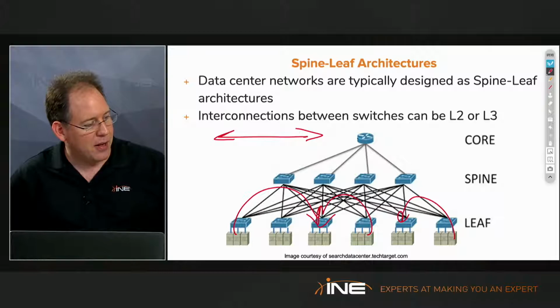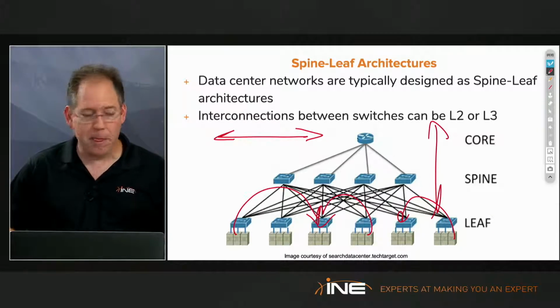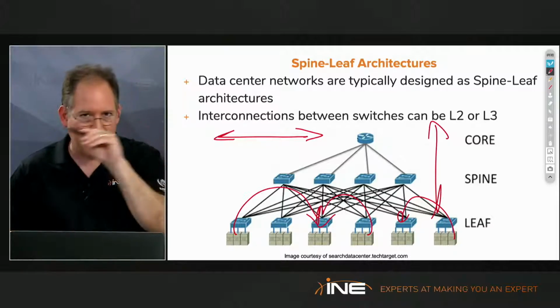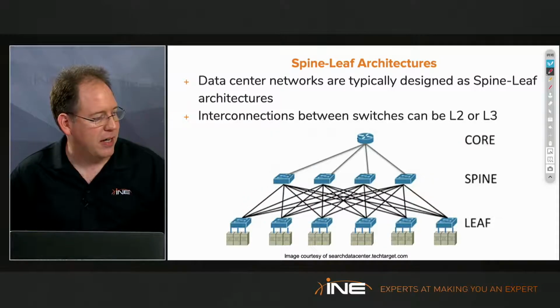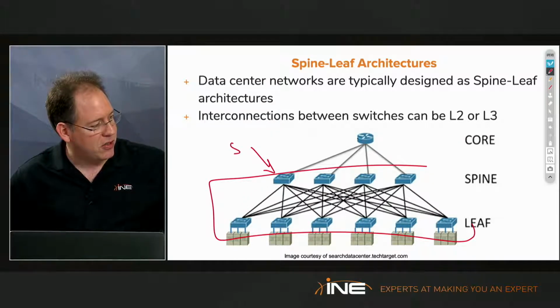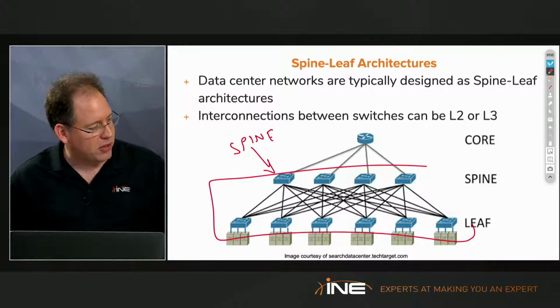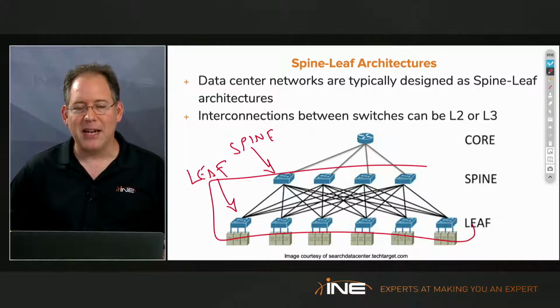The idea being that there's not going to be a lot of traffic going north-south. There will be some, but more of the traffic is going back and forth than up and down. So that's why we have all these redundant connections between our spine switches. These ones here are called our spine switches, and these here are called our leaf switches, hence where we get the term spine leaf.